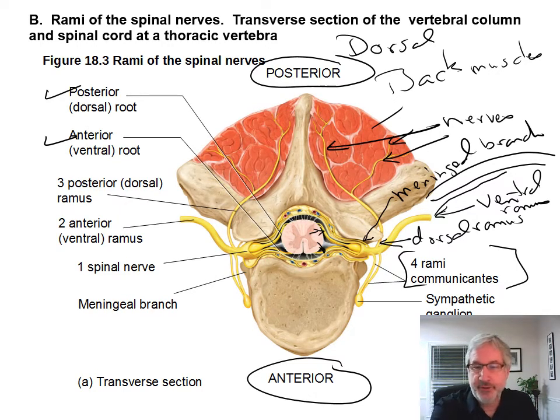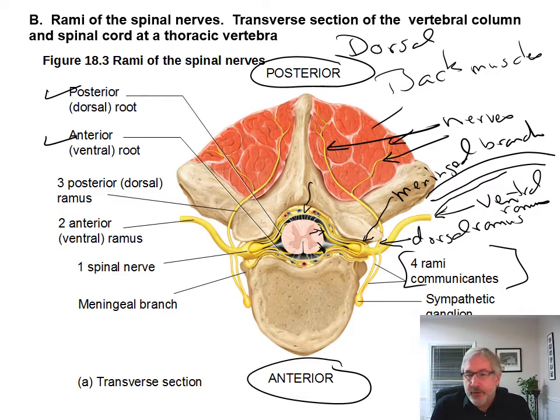You'll notice also that these meningeal branches come and innervate this yellow up here, which is the fat tissue, and the webby stuff that you see in there is your arachnoid mater.